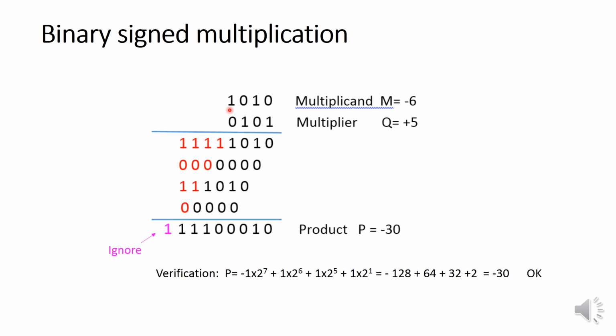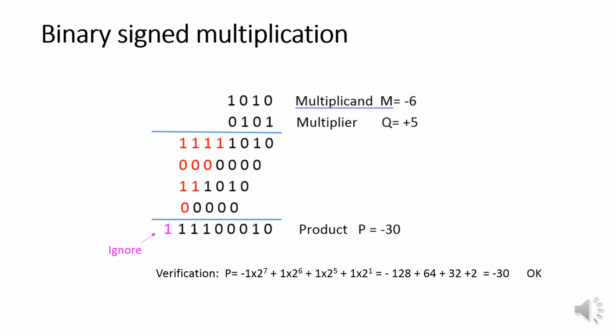The 1 in front signifies that the number is negative. Plus 5 in signed binary is 0101. The 0 in front signifies that the number is positive.